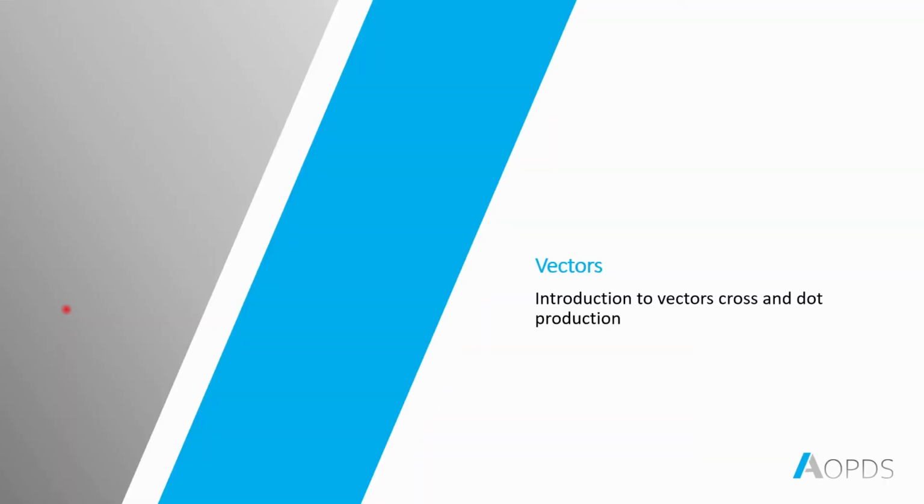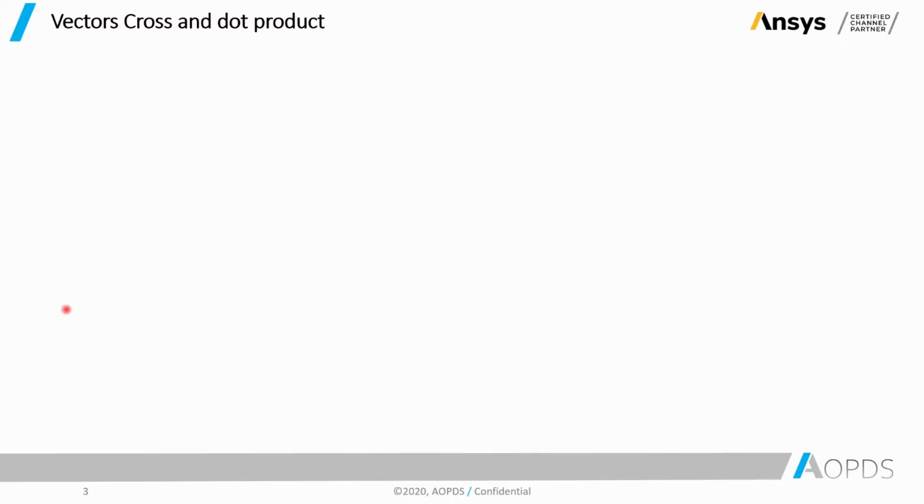Vectors. Now I'm going to give an introduction to vectors' cross and dot product. The first set of equations is i cross j, j cross k, and k cross i, which all three can be calculated with the right hand rule, and respectively it is going to be k, i, and j.